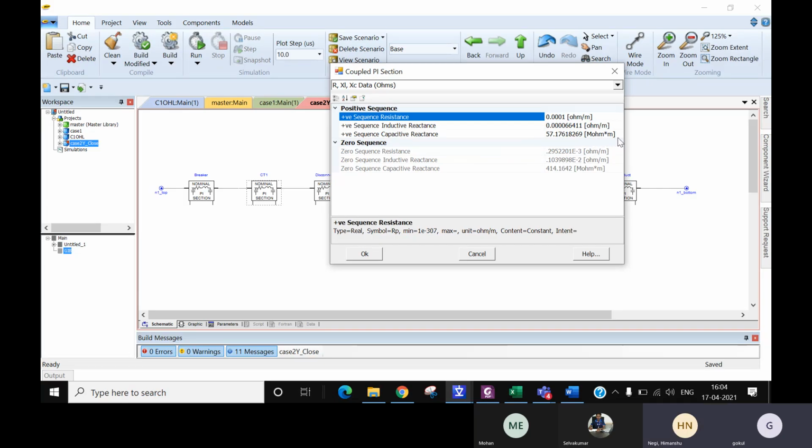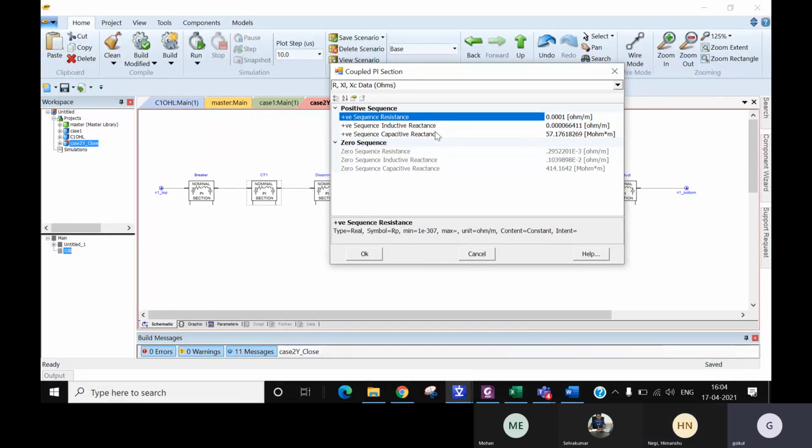Don't try to change the unit, because we may end up with some issues. Try to convert the values you got to the unit which PSCAD is asking, and just input the value.